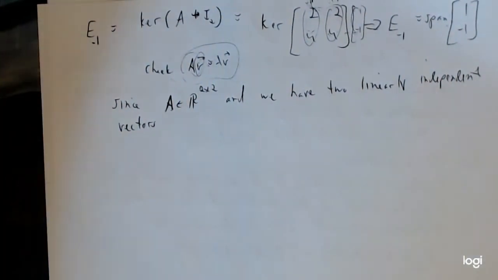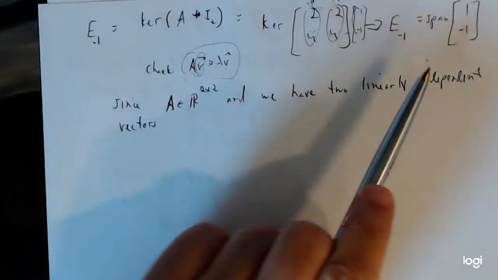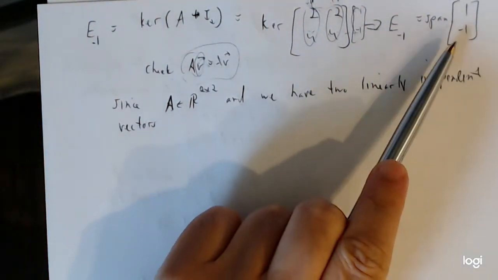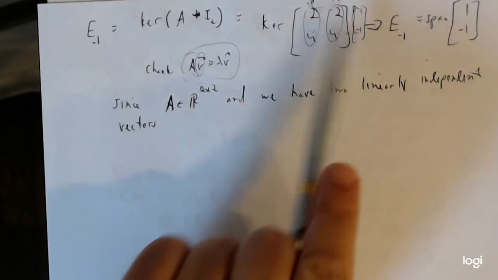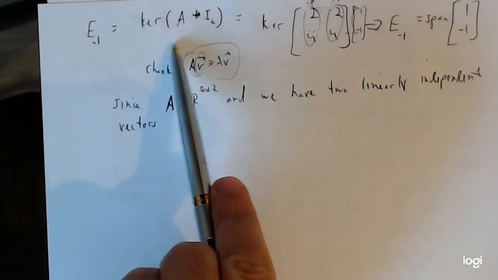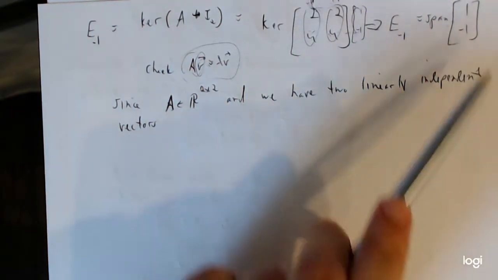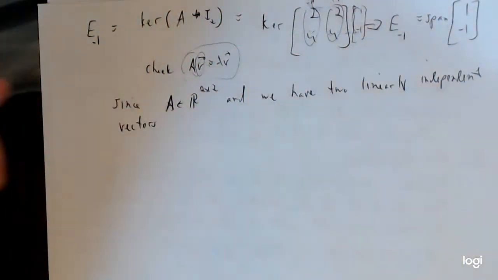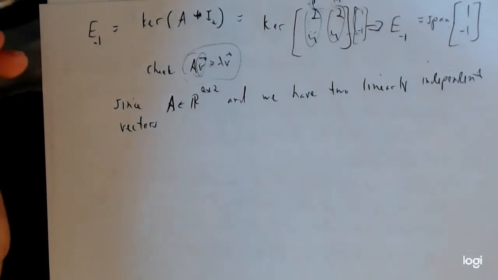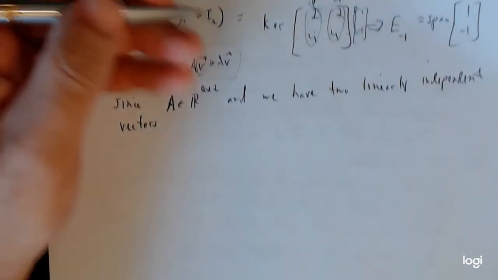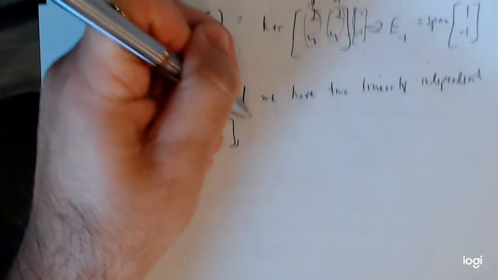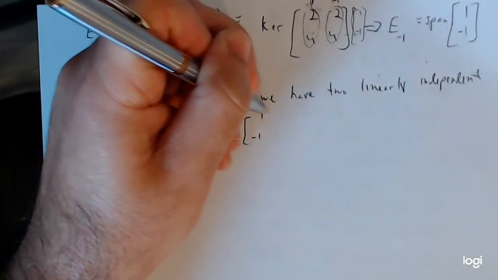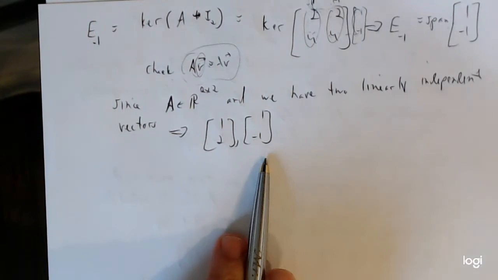And what are the 2 linearly independent vectors? If you look at the eigenvector we had for this space, which was 1, -1, and then the eigenvector we found for the eigenspace of E sub 5 was what? It was 1, 2, and clearly 1, -1 and 1, 2 are linearly independent. So we're actually noticing something, right? This implies we have 1, 2, comma, 1, -1. See, these are clearly linearly independent.